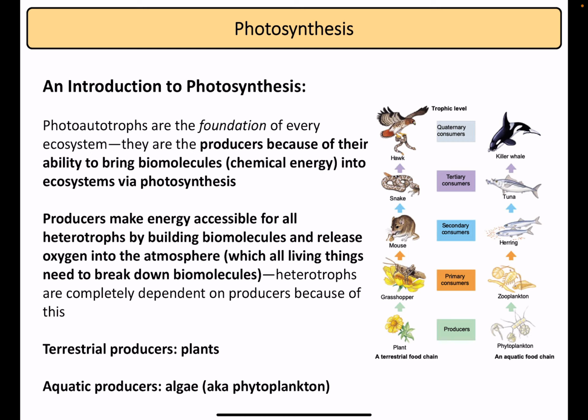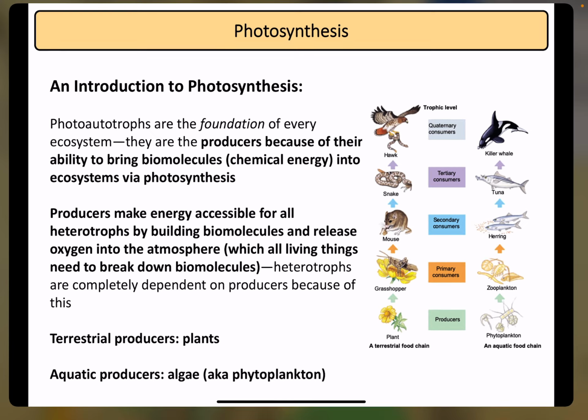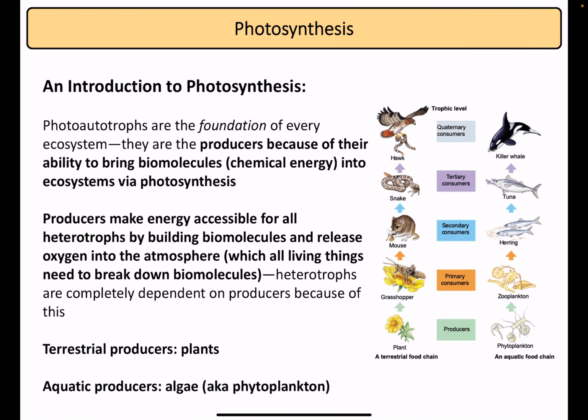Now, as you already learned in the class, there's different types of ecosystems. So for the land-based ecosystems, aka the terrestrial ecosystems, the producers are largely plants. And then if you go to aquatic ecosystems, whether that's the open ocean, a coral reef, an estuary, a lake, or a river, the primary producers in that case are algae, also known as phytoplankton.